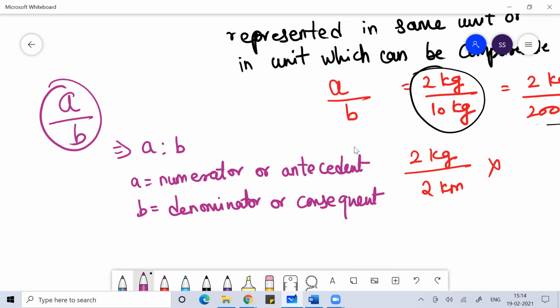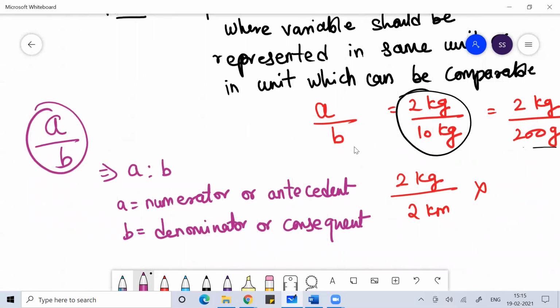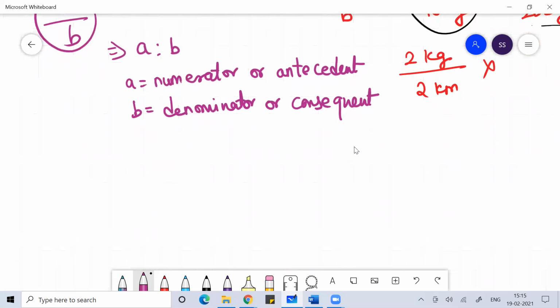So ratio is all about comparison between two variables where the variables should be represented in the same unit or in a unit which can be comparable. I hope you are understanding this.